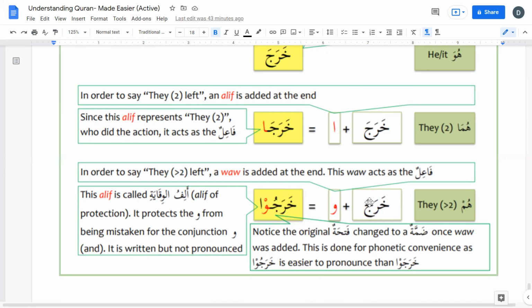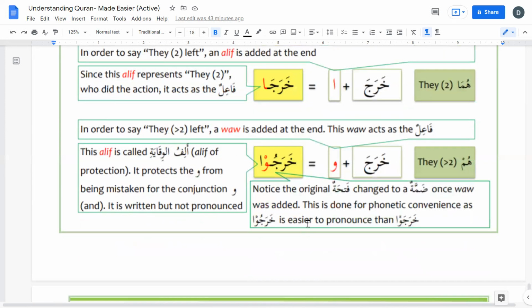Now fatha is replaced by dhamma, because the dhamma sound matches with waw. This is done for phonetic convenience, as kharaju is easier to pronounce than kharajo, right?